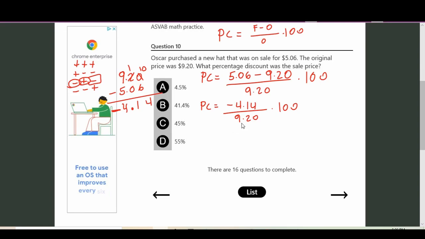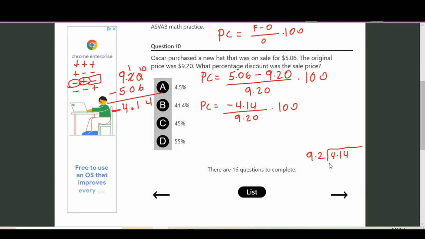Again, this is one of those funky ones, so we have to be careful as we set it up. We're doing 4.14 divided by 9.2. Now you may have noticed that I dropped off this 0 because it's going to affect how many times I shift the decimal. This 0 is just a placeholder to keep 9.2 corresponding to 4.14. The 0 means nothing, so I dropped it off right there.